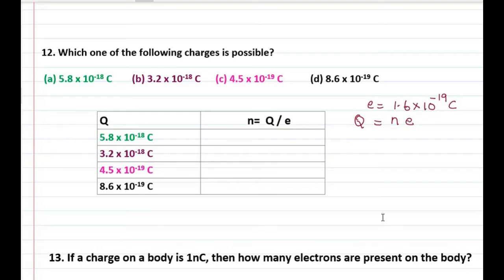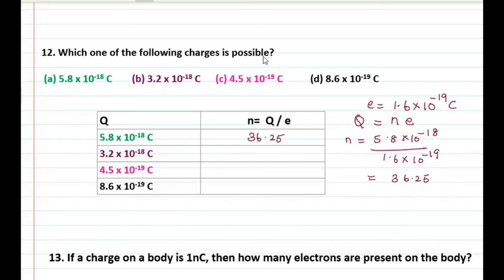So we can substitute and check which has the right value. For the first, n is equal to 5.8 into 10 to the power of minus 18 divided by 1.6 into 10 to the power of minus 19. After dividing we get 36.25.